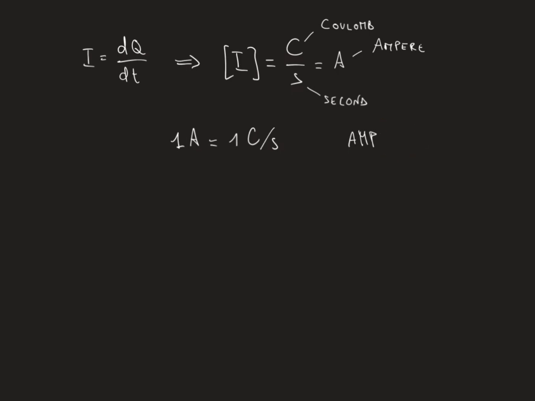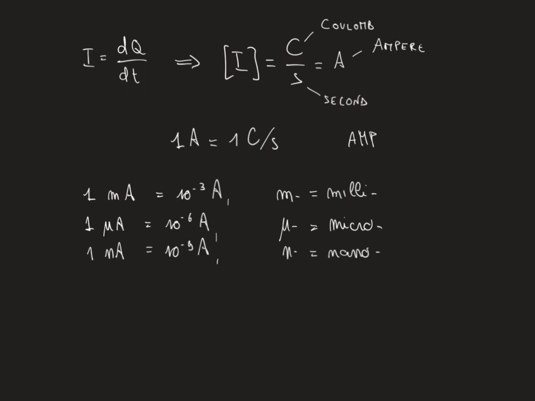For typical electronic circuits, 1 ampere is a pretty large value. This is the reason why when we talk about currents in electronic circuits, we use metric prefixes in front of the unit of measurement. So we typically talk about milliamps, microamps, nanoamps, picoamps, or even femtoamps.